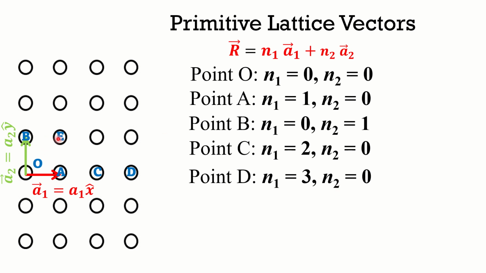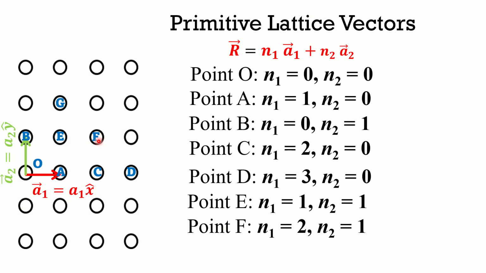For point E, I should have one step in this direction and one step in that direction, so n1 equal to 1 and n2 equal to 1. Similarly, point F, n1 equal to 2 and n2 equal to 1. Point Z, n1 equal to 1, n2 equal to 2.